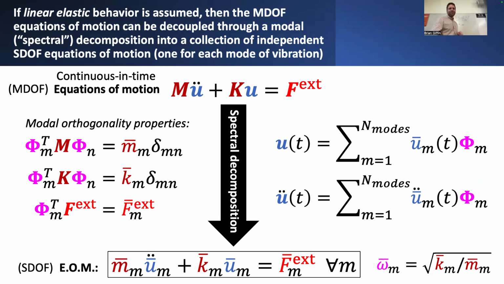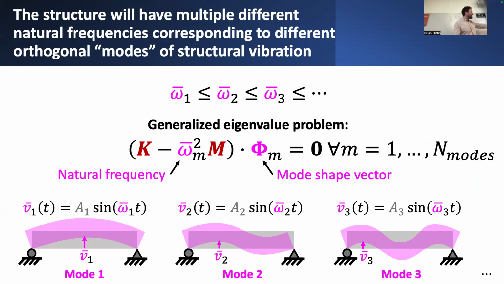So the vibration happening in mode 1 is occurring in a fashion that is totally independent of the vibration occurring in mode 2, and that is further independent of the vibration in mode 3, and so forth. Each one of these modes of vibration is independent. It's not influenced by the behavior in the other modes of vibration.